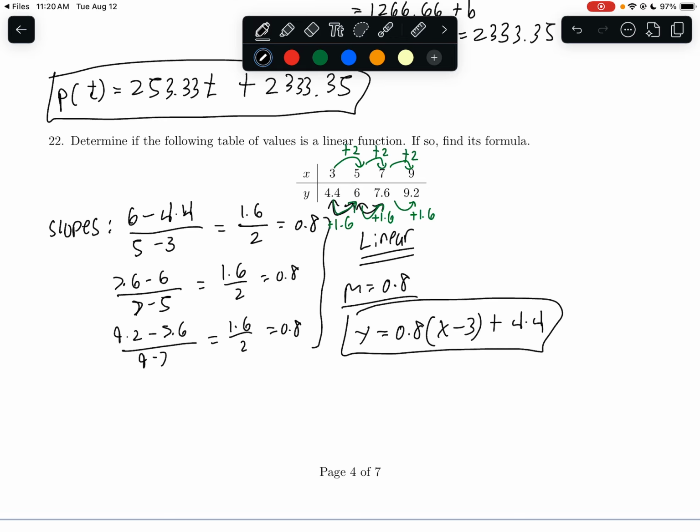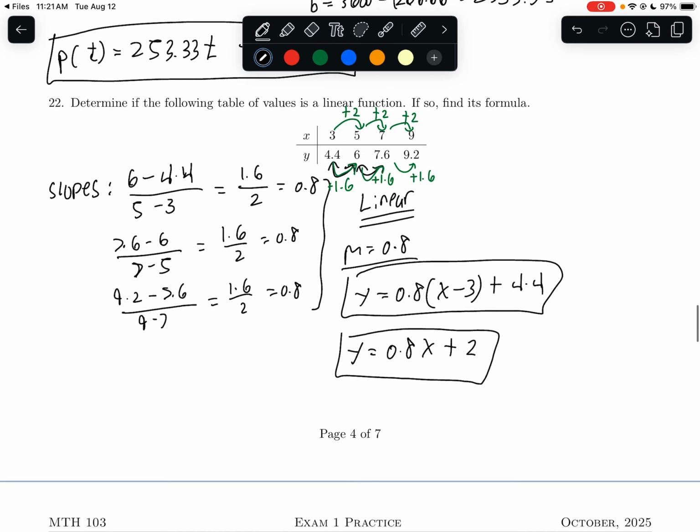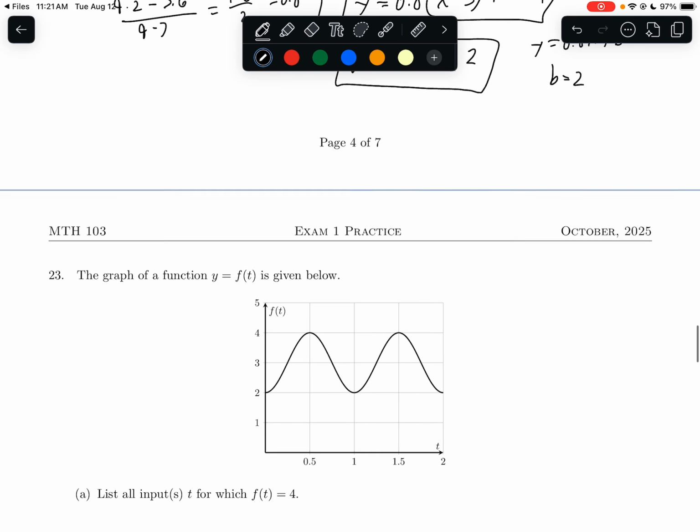If you did slope intercept form, then this would be 0.8x plus 2. This is a very similar process as well, because you would say that y is 0.8x plus b, and then plug in a point and solve for b. And you get 2. Okay.